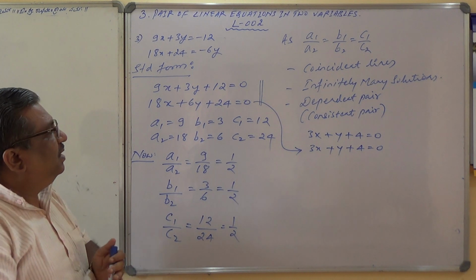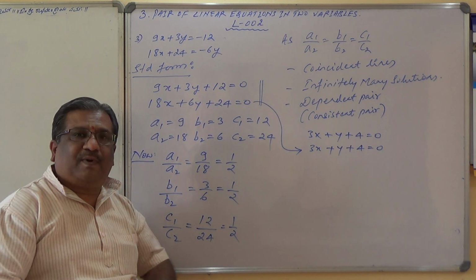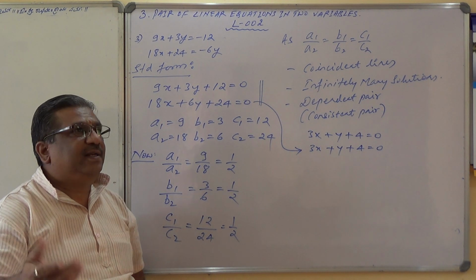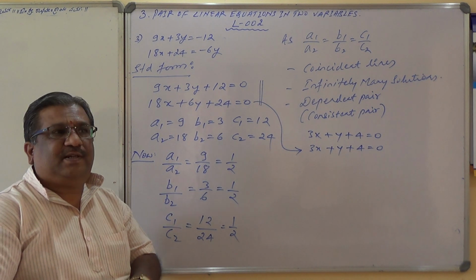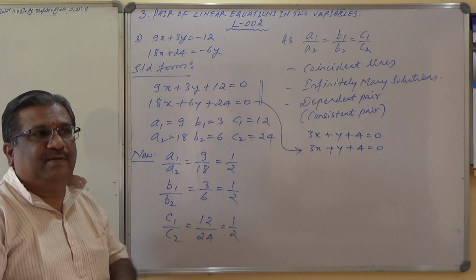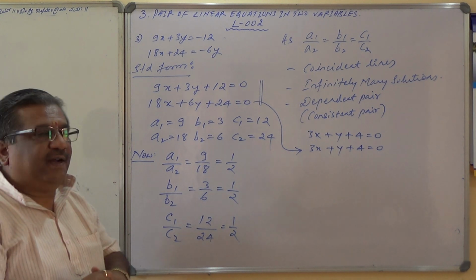With this, let me take a few numericals from the textbook, exercise 3.1. Probably about 3 sums are there. Let me illustrate. Let me take one sum, and we will plot the graph also.